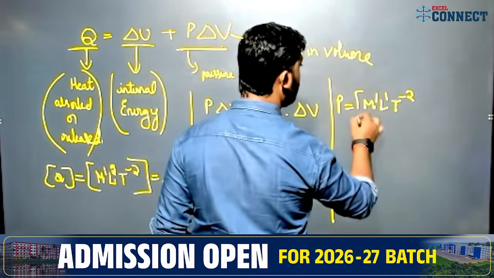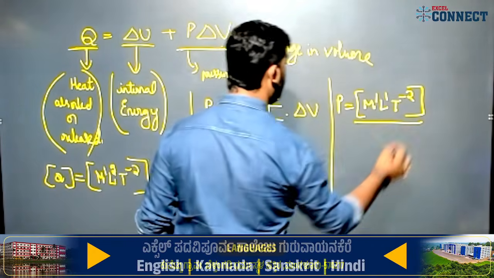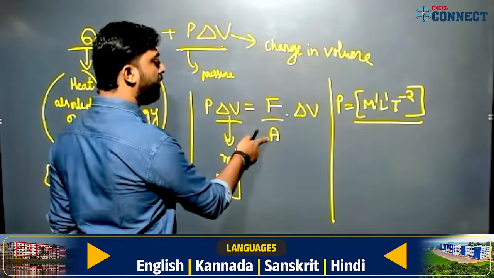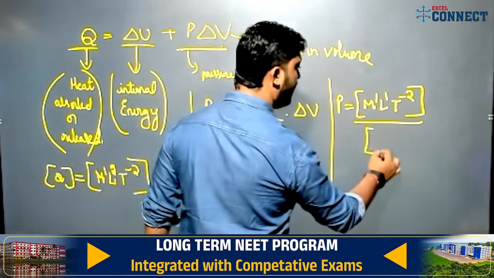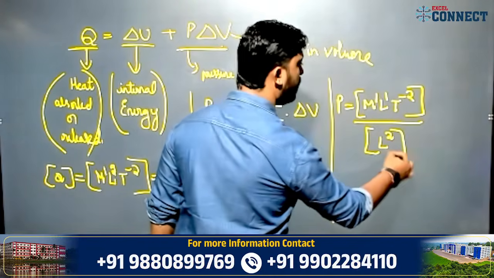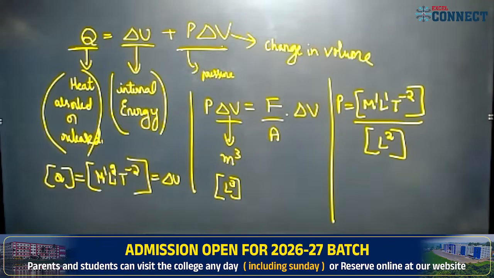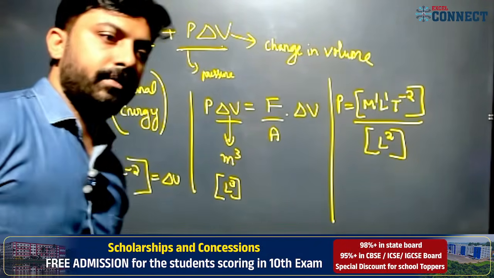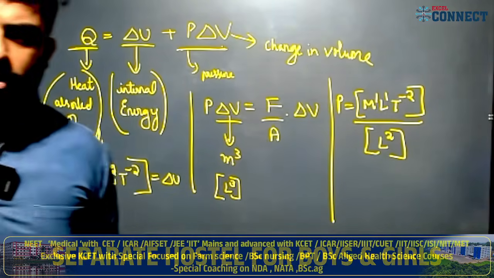Okay, divide by, what is the dimension of area? Dimension of area is L square. Why L square? Why is the dimension of area L square? Comment. Dimension of area is L square.